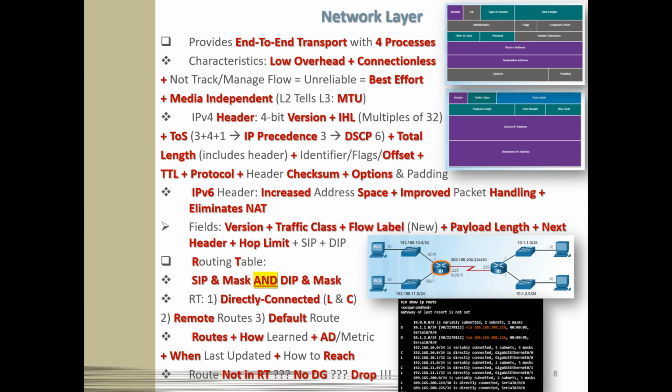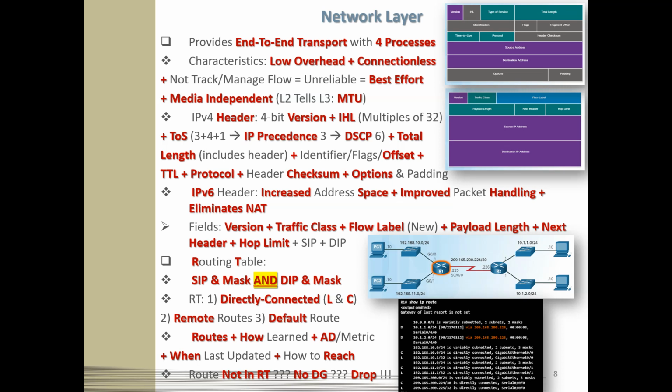Inside header, we have fields. Fields contain binary numbers. Numbers identify various settings. And those 4 processes that I just explained use these numbers. So numbers are examined by the layer 3 processes. Let's start seeing IPv4 header fields.